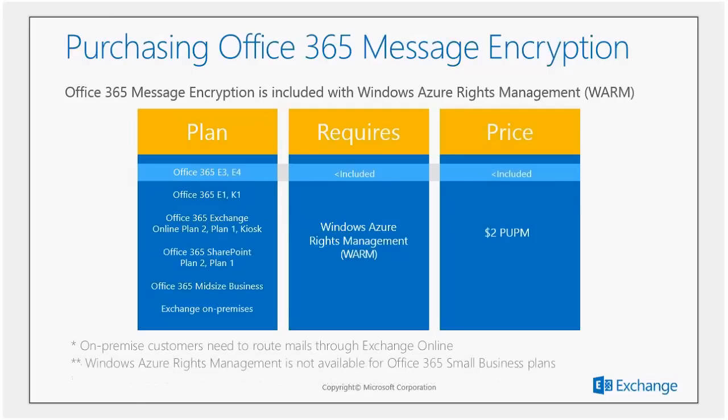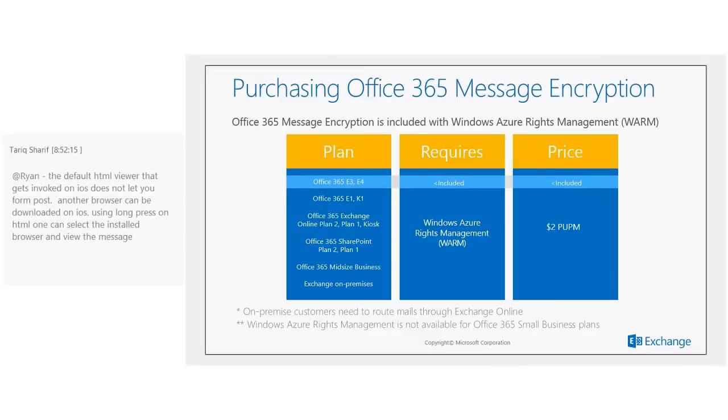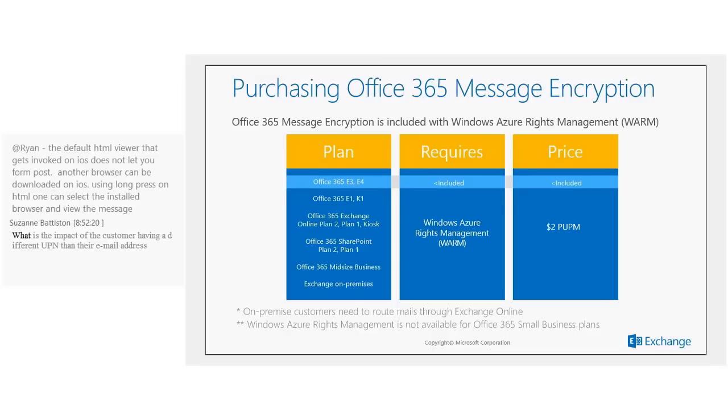We have decided to include Office 365 message encryption along with Windows Azure Rights Management, which also provides the traditional capabilities of templates such as Do Not Forward or Company Confidential, which work great for intra-company communication to protect your documents, your libraries and your messages. Including Office 365 message encryption as part of that same SKU gives you the capability of encrypting messages which are sent external to your organization.